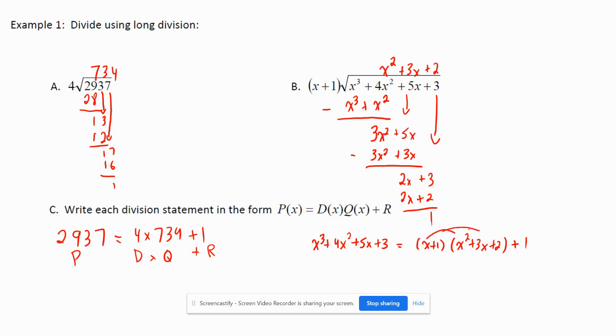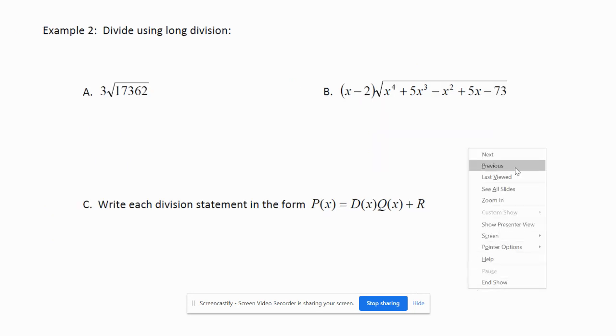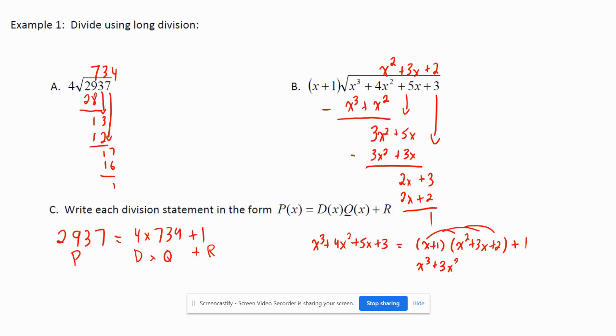I'm just going to do a bit of polynomial expansion here. All right, so we had x cubed, 3x squared plus x squared is 4x squared, 2x plus 3x is 5x, 2 plus 1 is 3. Okay, so it does actually work.